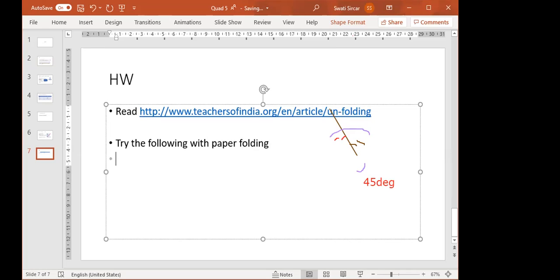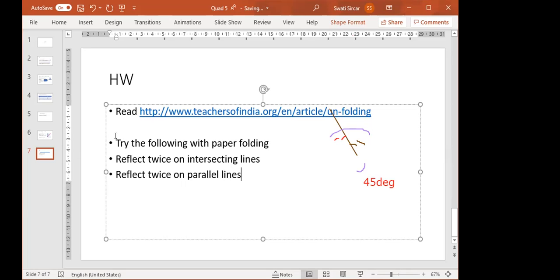So the first one is reflect twice on intersecting lines. Reflect twice on parallel lines. Okay.